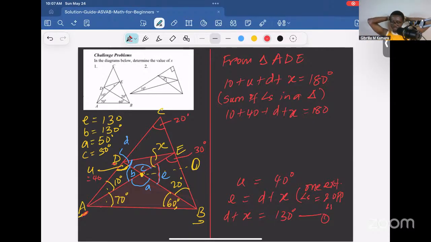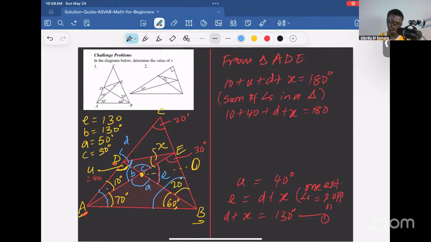So I'm looking at this, how we can figure out X. The whole of this from here to here. This to this is 80 degrees.